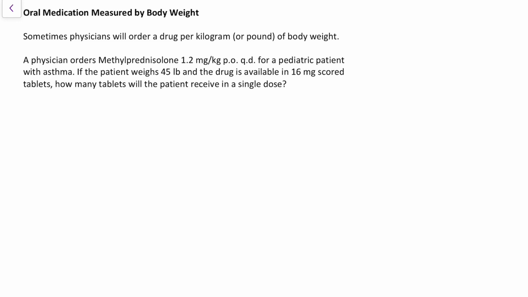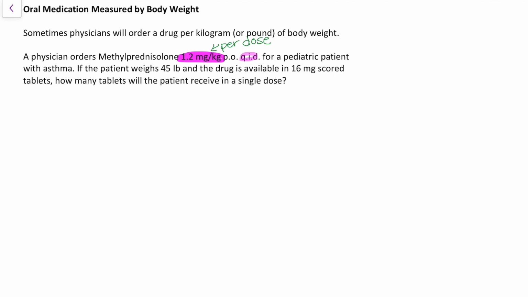So for example, a physician orders methylprednisone, 1.2 milligrams per kilogram. So there is my concentration. That's the per dose that they need to get. It's PO, by mouth, QID.